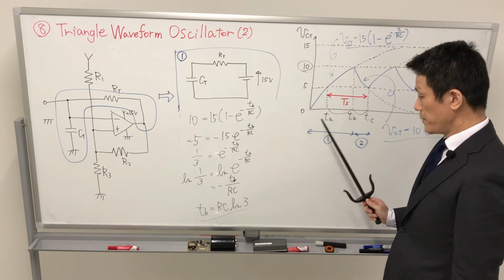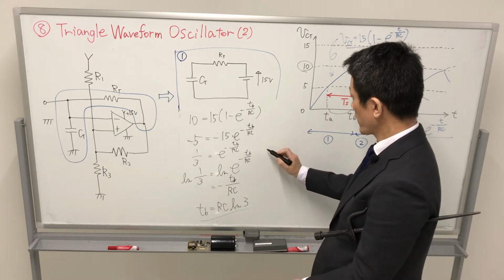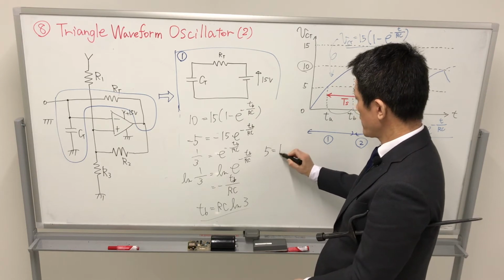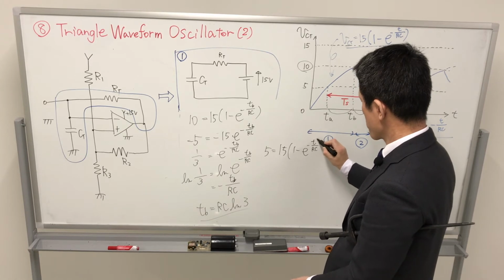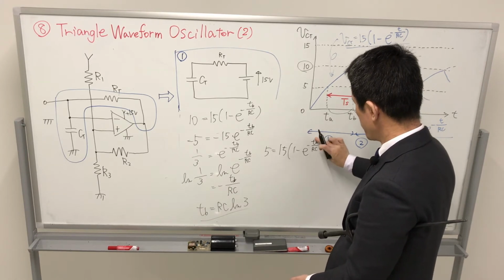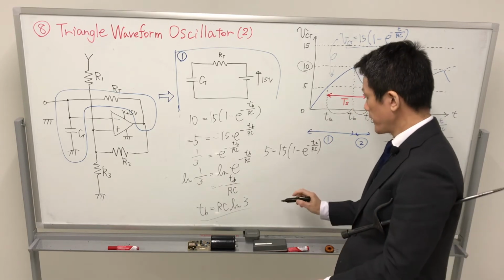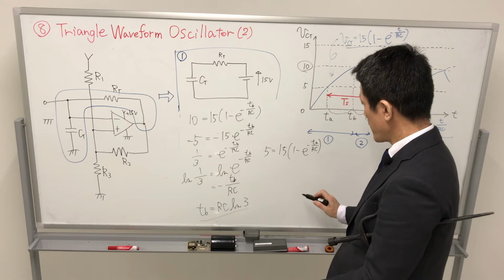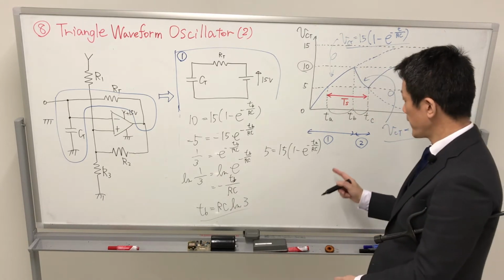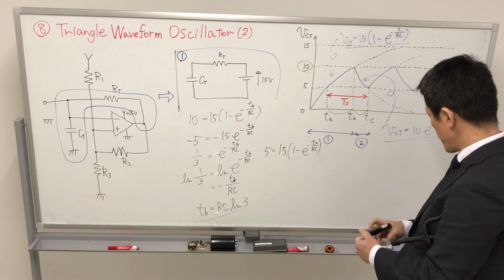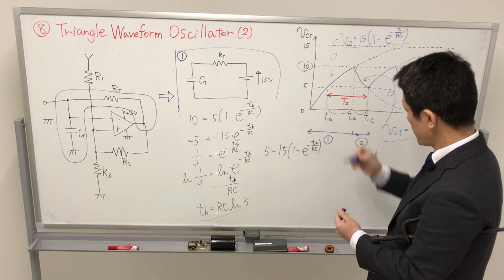This is TB, and in the same way you can obtain TA next. Please calculate this one. And finally, we directly obtain this term.